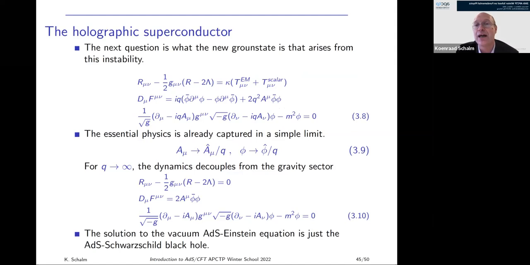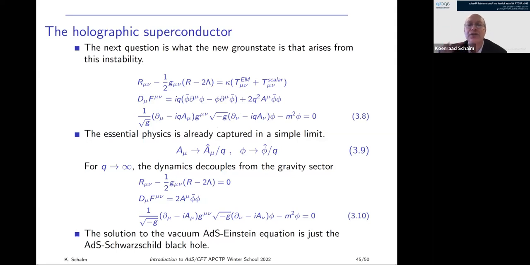Its initial value in the extremal AdS black hole was 0, and the instability signals that this object phi wants to now acquire a finite value. So this is what's related to the spontaneous symmetry breaking of U(1). So I now have to study a new background, where I have Einstein's equation, Maxwell equation, and the scalar equation, where I look for a solution where phi is not 0.